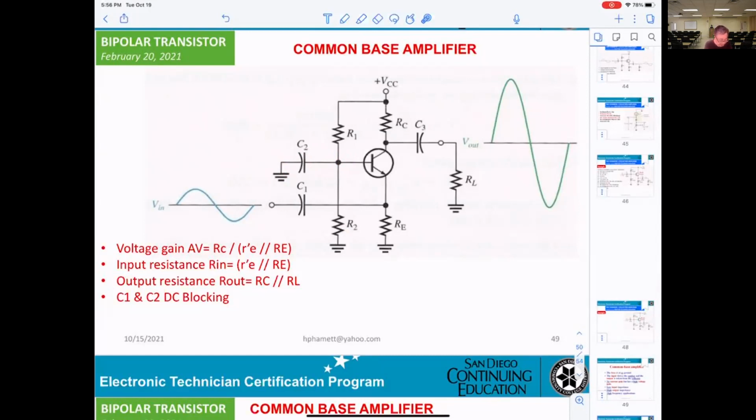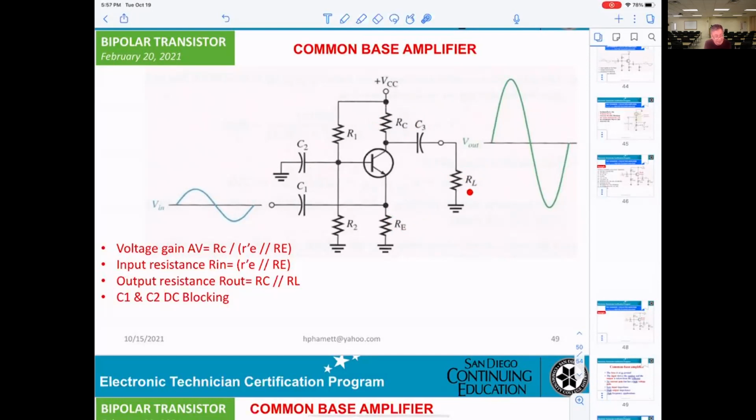Voltage gain: RC divided by r'e parallel RE right here. Output resistance R out, same thing. You get RC and RL. In AC, they will be in parallel, so that will be RC parallel RL.